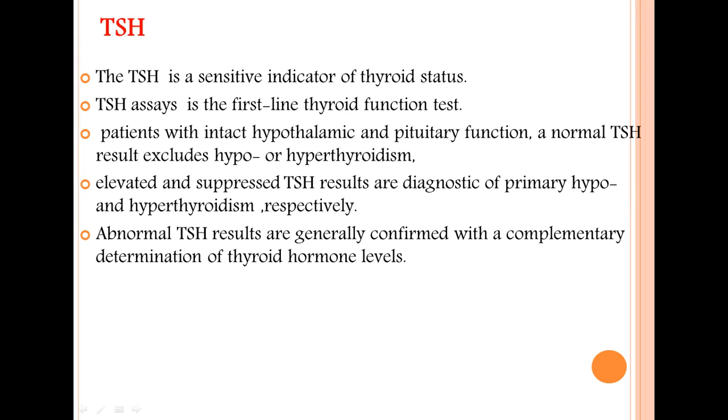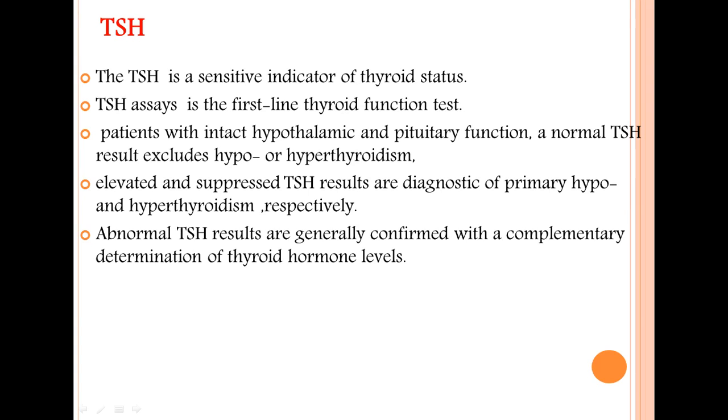While if the hypothalamus and pituitary are normal but the result of TSH is abnormal, for example, if the patient has a high TSH in the presence of a normal hypothalamus and pituitary, then this indicates that the patient has primary hypothyroidism.